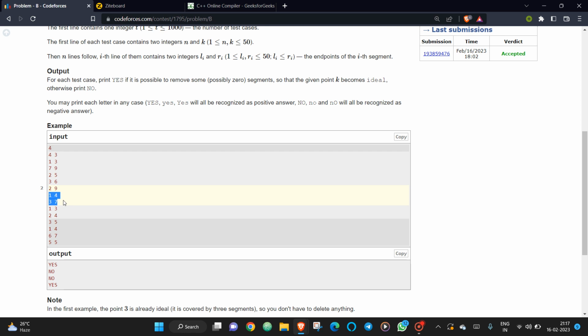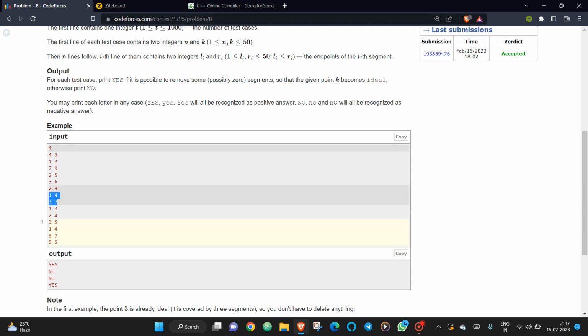We need to make our k the most visited. For that you can delete any segments, that is what he is stating. You can delete any number of segments such that your k-th number should be visited the highest number of times.